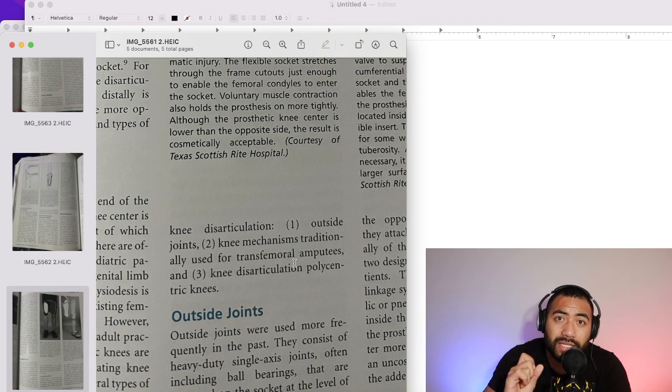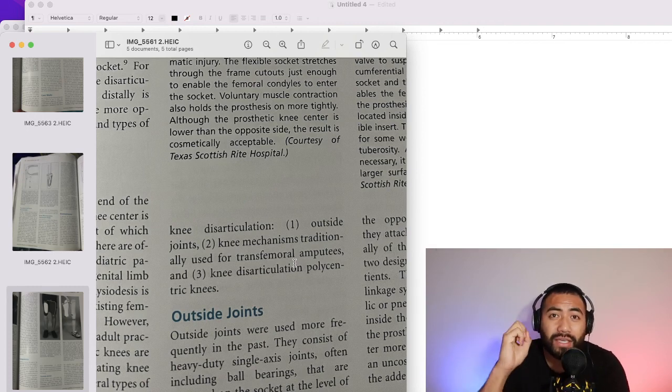Now, this person is very active. Okay, he's very active, likes to do cadences like fast, slow. So giving an outside knee joint to somebody would probably not be really beneficial for somebody that's trying to change cadence, because if she wants to go faster or slower, there's nothing that's going to stop or resist that knee motion.